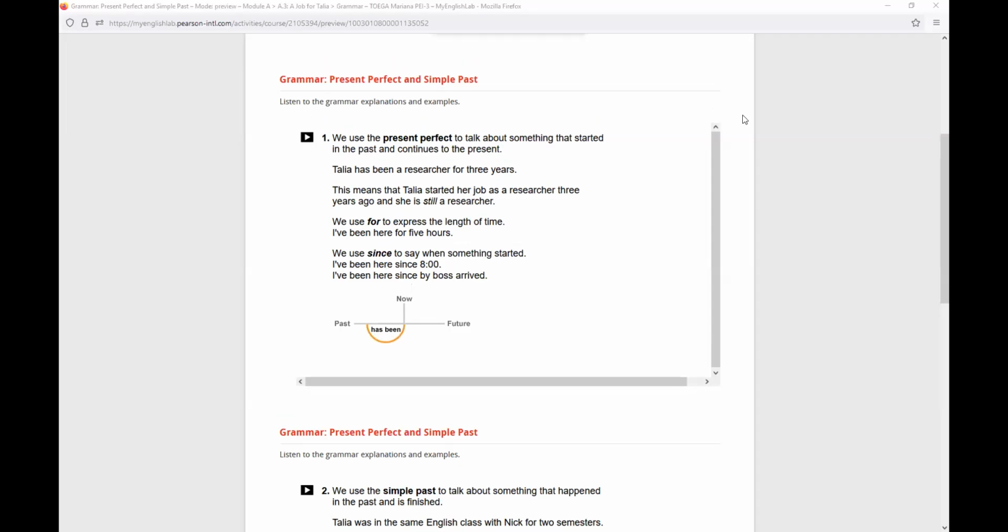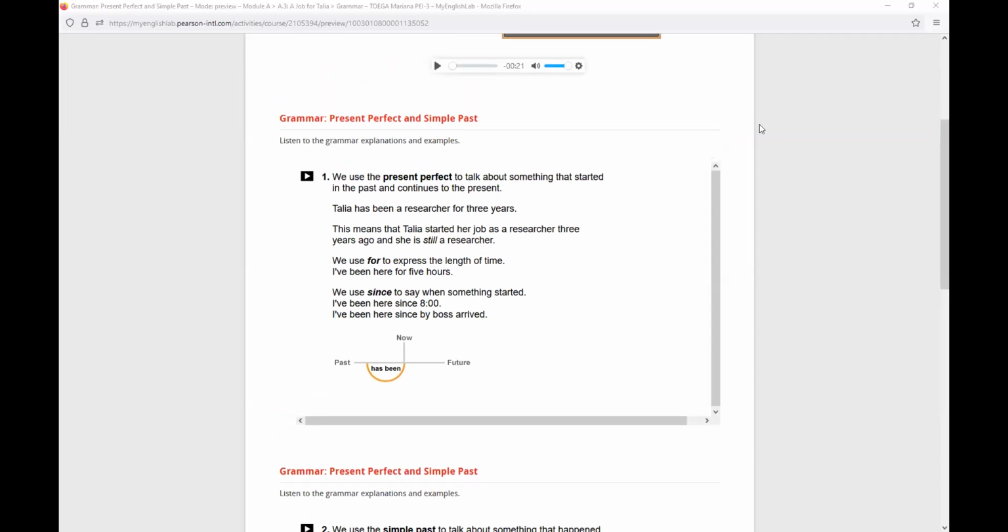Ok, habíamos dicho que cuando usamos el present perfect, utilizamos el auxiliar have and has, right? Y cuando utilizamos el simple past, nuestro auxiliar es did.